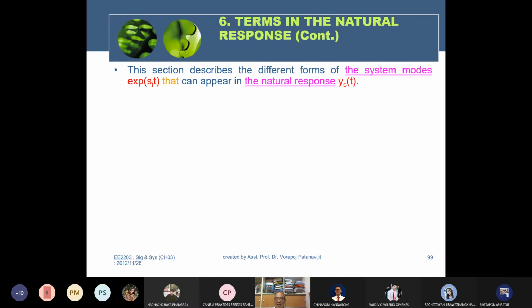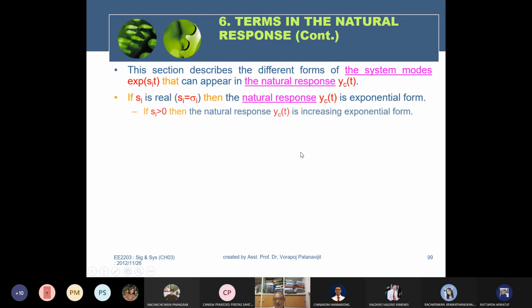Okay, this section describes the different forms of the system mode that can appear in the natural response yc. How many possibilities of yc are there?